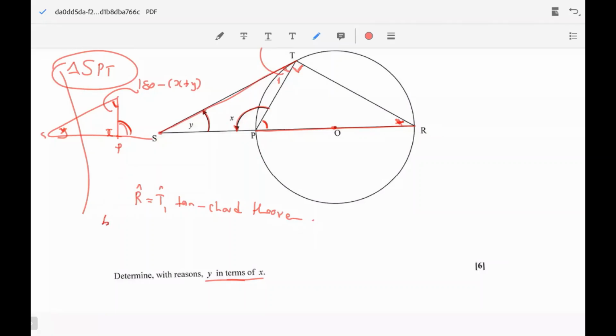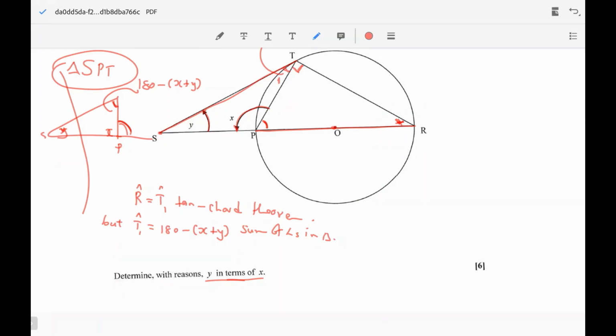But our T1 was analyzed as 180 degrees minus brackets x plus y. That's according to sum of angles in a triangle.